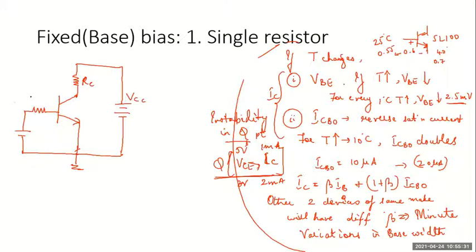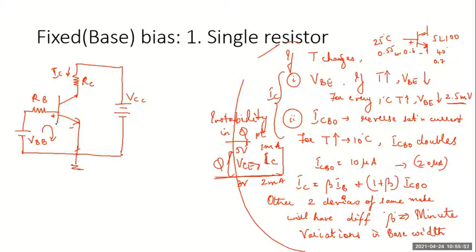We had analyzed the same circuit when we wrote the DC load line just now. So very quickly, we can apply KVL to the input loop.